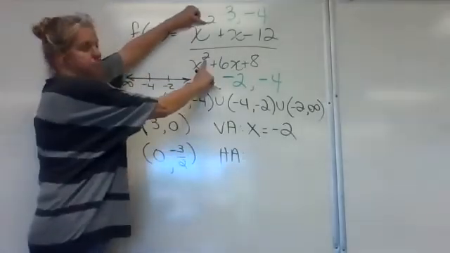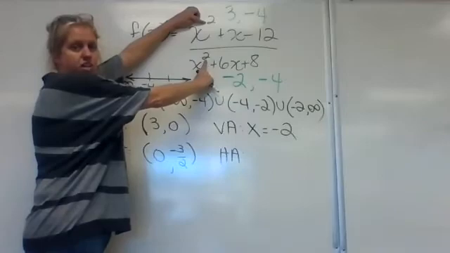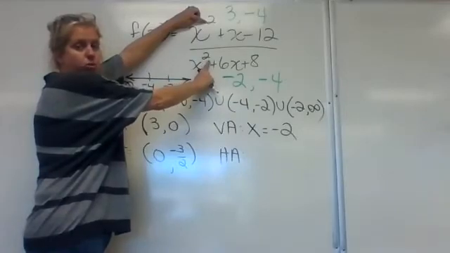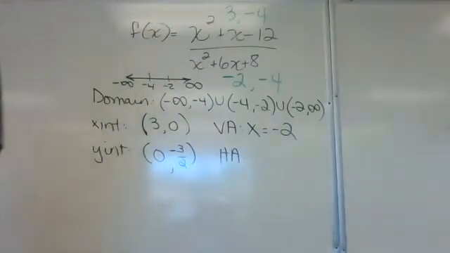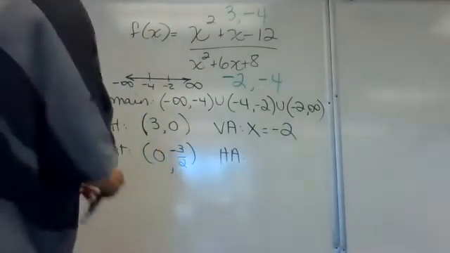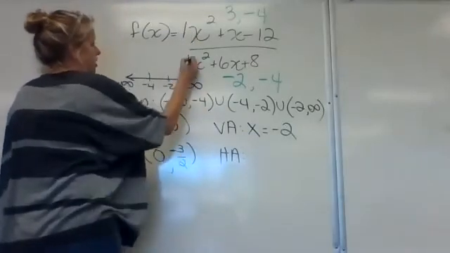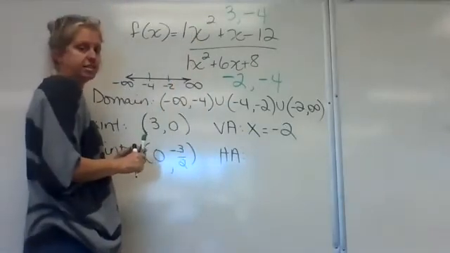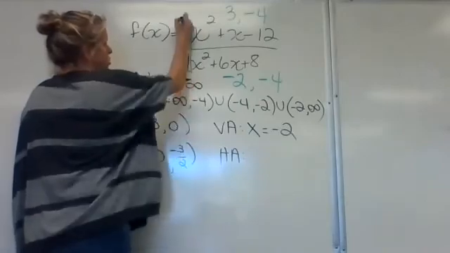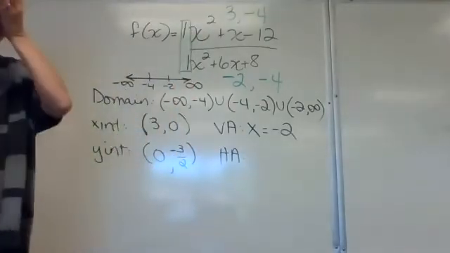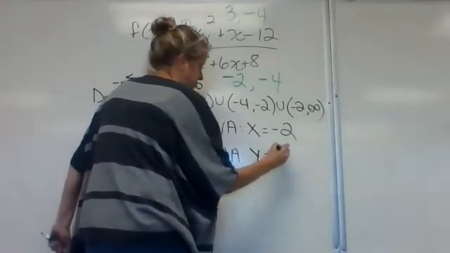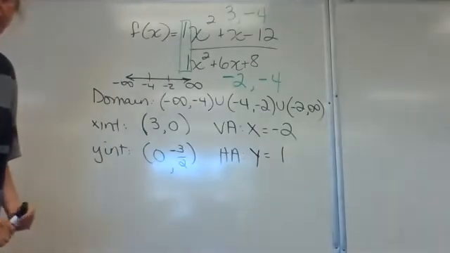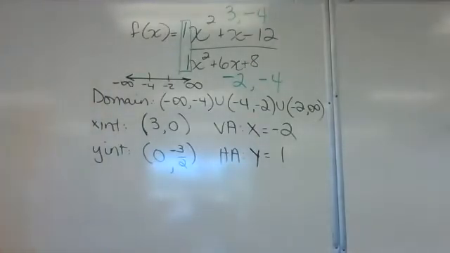The degree of the top compared to the degree of the bottom. In this case, they're both 2, which means the degree of the top equals the degree of the bottom. In that case, you look at these coefficients that are both 1s. This right here is where your horizontal asymptote is. 1 over 1, which is just 1. So y equals 1. And then there's not an oblique, right? It's always going to ask me that, and I'm always going to say there's not one.